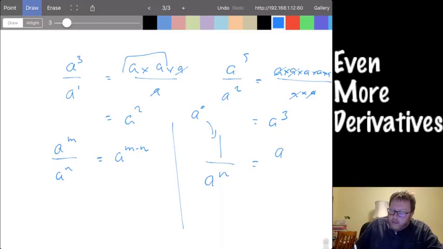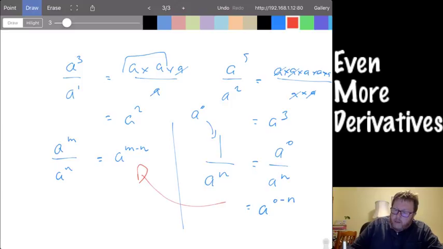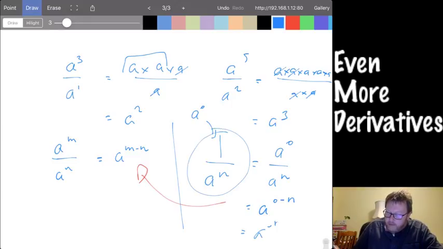So we've got a to the power of 0 over a to the power of n, which is equal to a to the power of 0 minus n, using that rule there. 0 minus anything is just the negative of it, and so we're left with a to the minus n. So 1 over a to the power of n is equal to a to the power of negative n. So that's our extension to negative powers.